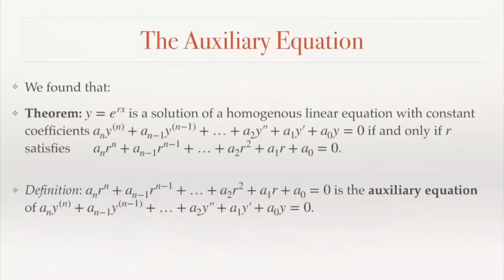So what we have shown is that y equals e^(rx) is a solution of a homogeneous linear differential equation with constant coefficients if and only if r satisfies this auxiliary polynomial, also known as the auxiliary equation. So we can find a solution of a linear homogeneous differential equation with constant coefficients by solving this polynomial, getting what r is, and then e^(rx) is a solution.